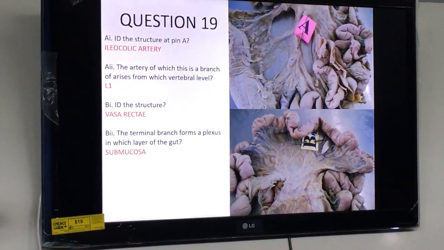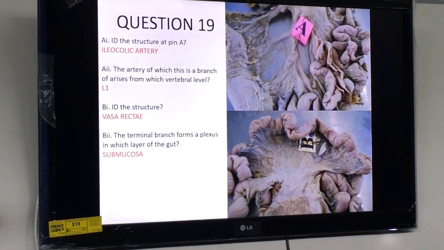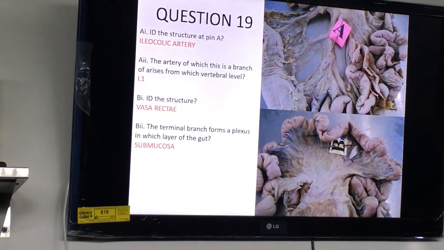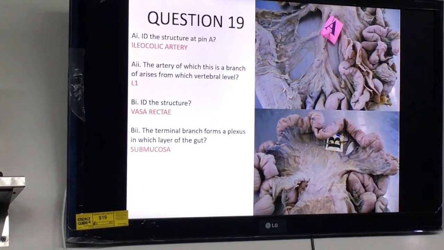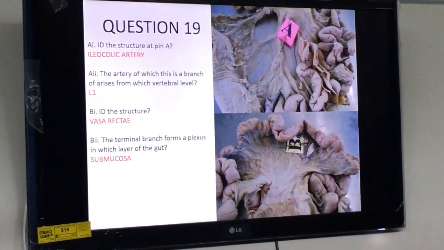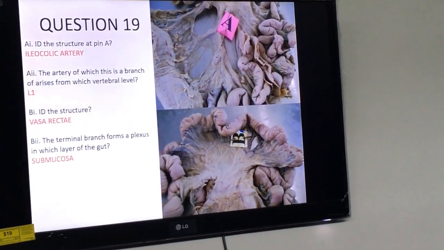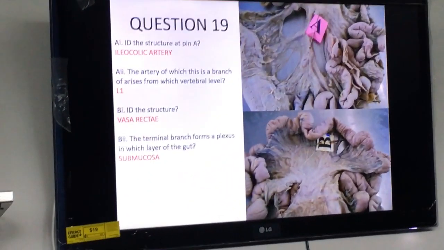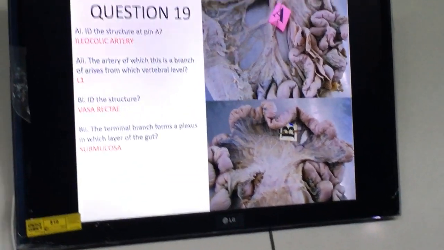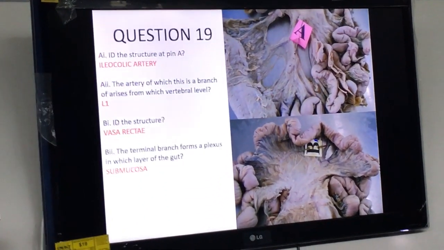And then at the level of L3 we have the inferior mesenteric. And then between L4 and L5, the abdominal aorta bifurcates. So that's the end of it. And you have the lumbar vessels coming off posteriorly.